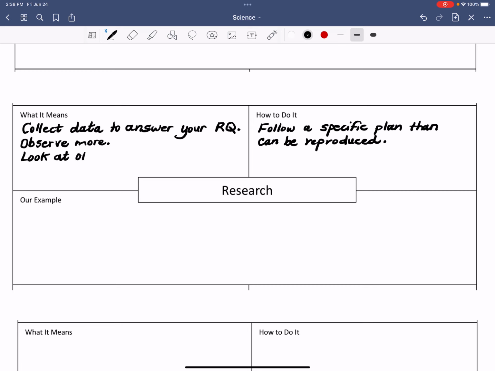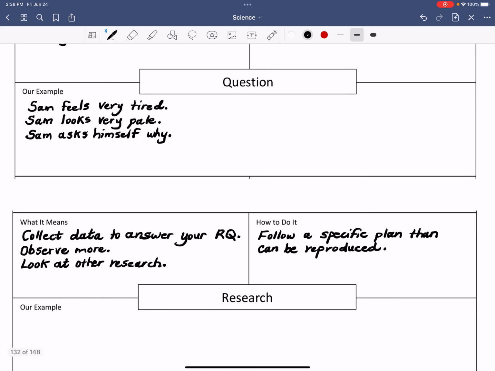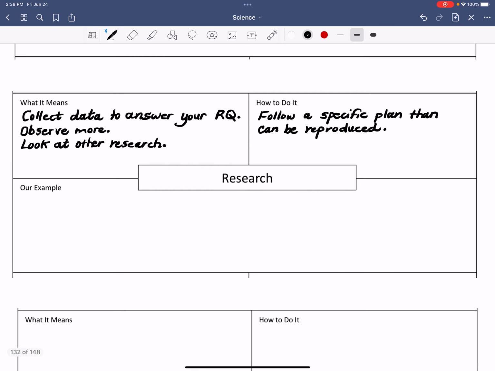All of this is part of the research phase of the scientific method. Okay. So back to our example of Sam. How could Sam research his situation? Well, one thing he can do is go to the doctor.